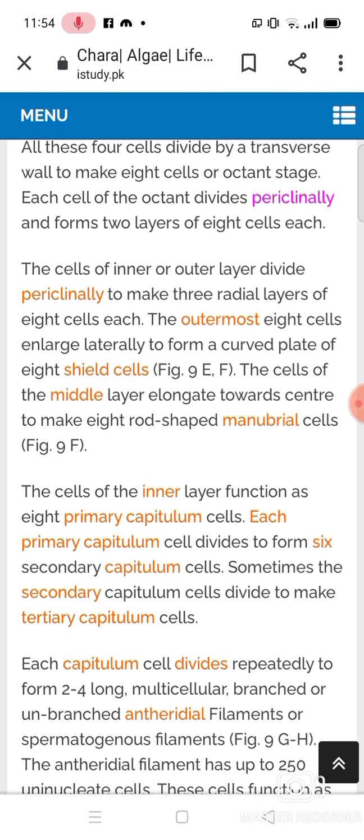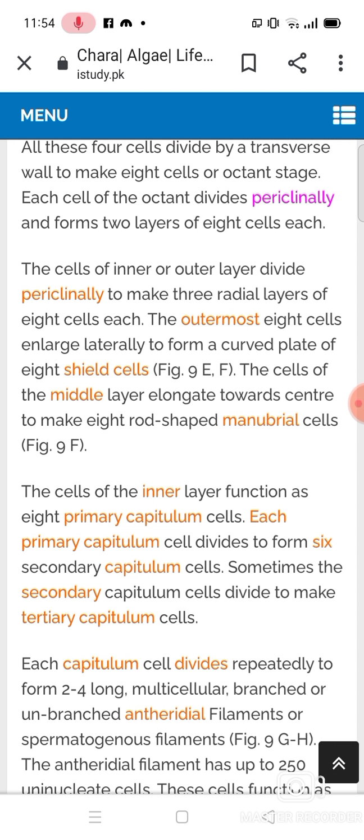The cells of the inner or the outer layer divide periclinally to make 3 radial layers of 8 cells each. Now every cell divides and makes 8 cells. Each cell will divide, and division goes on until 8 cells are made from each cell.